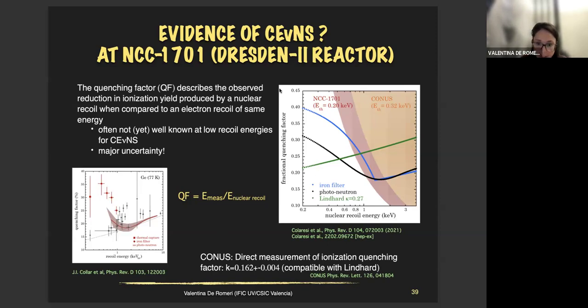This figure on the right shows the typical values of this quenching factor for a germanium target, like in the case of this experiment, and NCC-1701, as a function of the nuclear recoil energy. And as you can see, these three different colored curves correspond to three different parameterizations of this quenching factor.